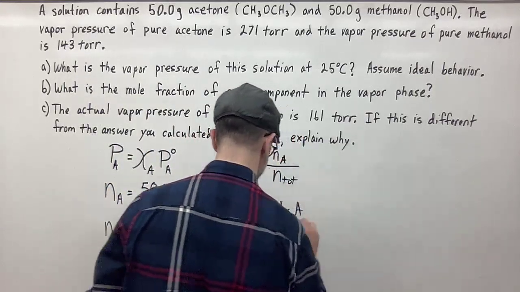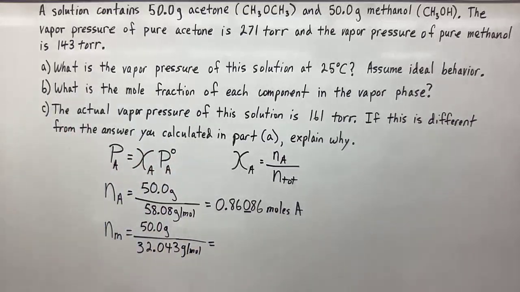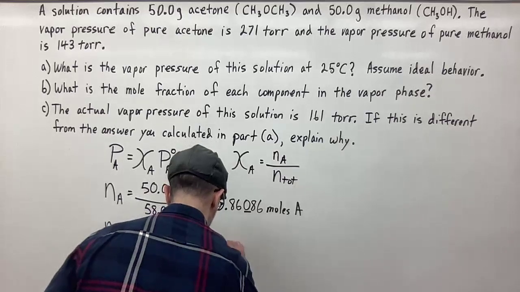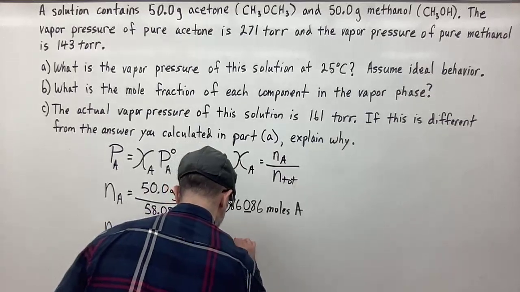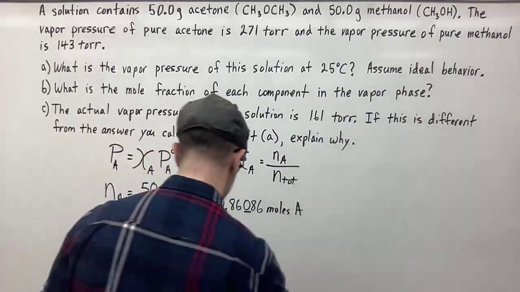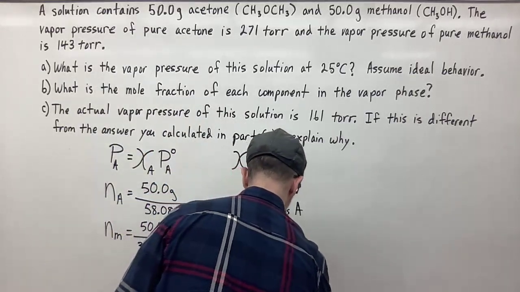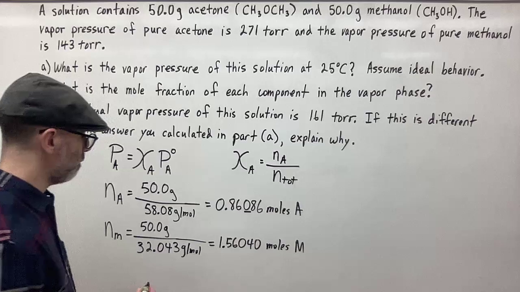And this is going to be moles of A, which is acetone. And when I calculate the moles here, I get 1.56040. And that's moles of M, or methanol.